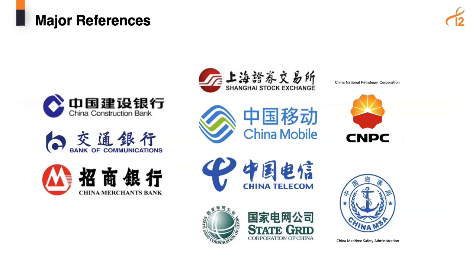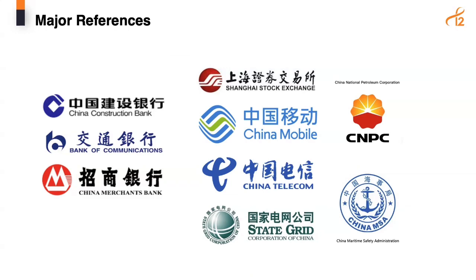Okay. Not only these 2 banks, we also have some major customers in China. The 3 main banks in China are also our customers, and the Shanghai Stock Exchange is our customer.